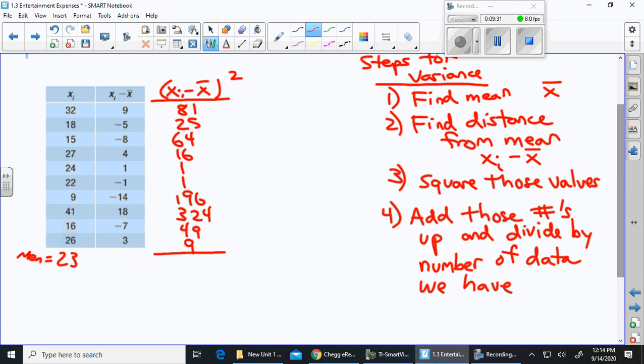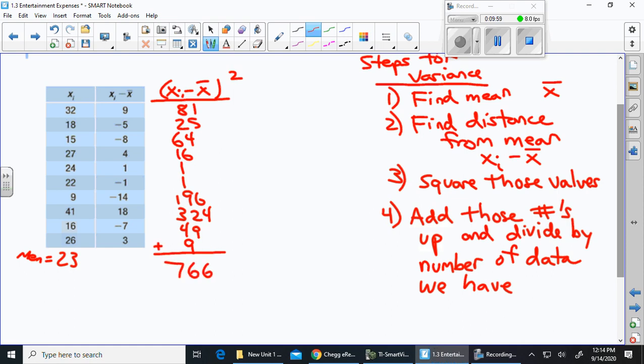So we would add all those numbers up. I forgot to add these up, so I'm going to just do it. 81 plus 25 plus 64 plus 16 plus 1 plus 1, 196, 324, 49, and 9. So we have 766 was our total.